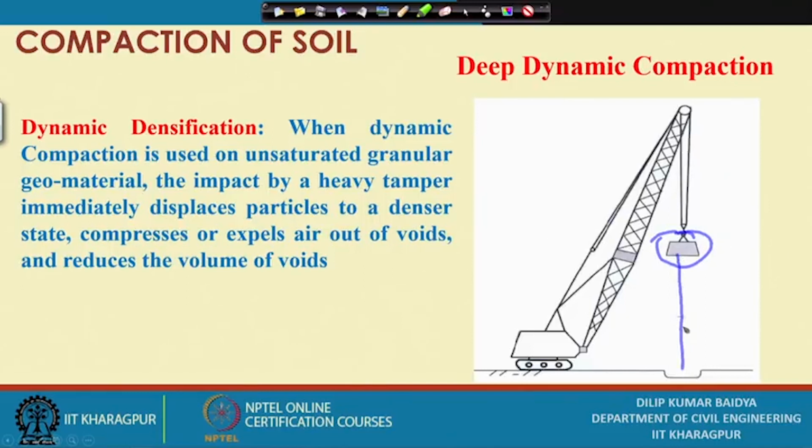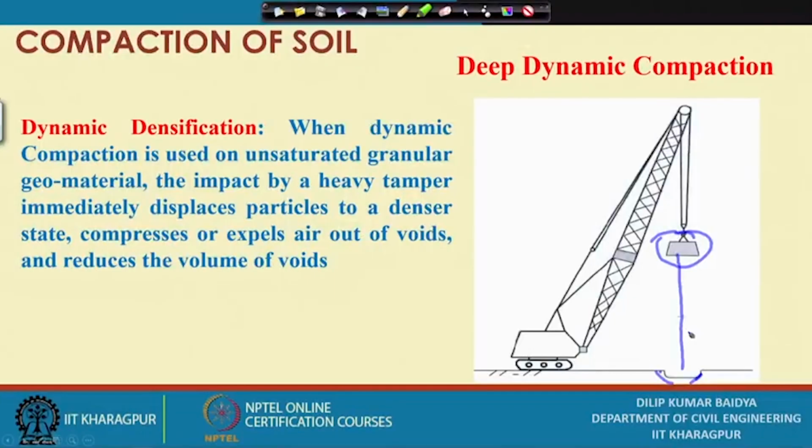It falls here, and you can see this depression, that means significant subsidence will be observed on the soil. When there is subsidence, soil grains will be pushed and come closer, and it will result in the compaction effect. That is the technique generally used in deep dynamic compaction.